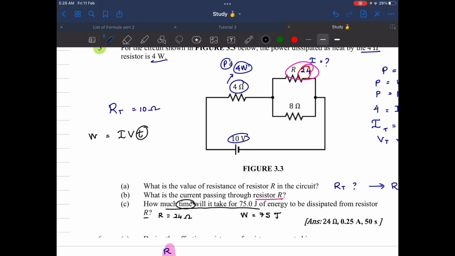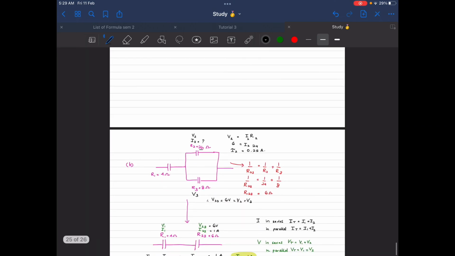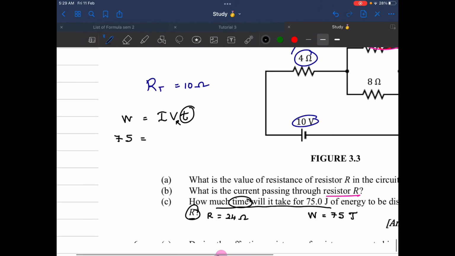We know that W is 75. And we don't have the value of voltage. So what happened? You break it down, because it wants V across R. Actually, we already know the V across R from earlier, which is 6. You can use that 6.